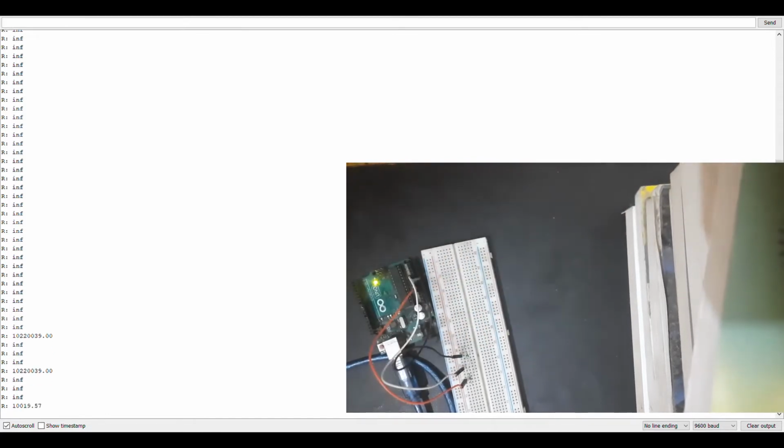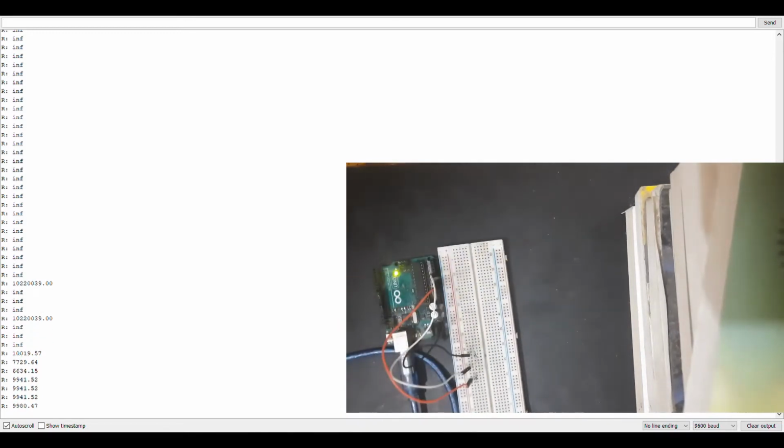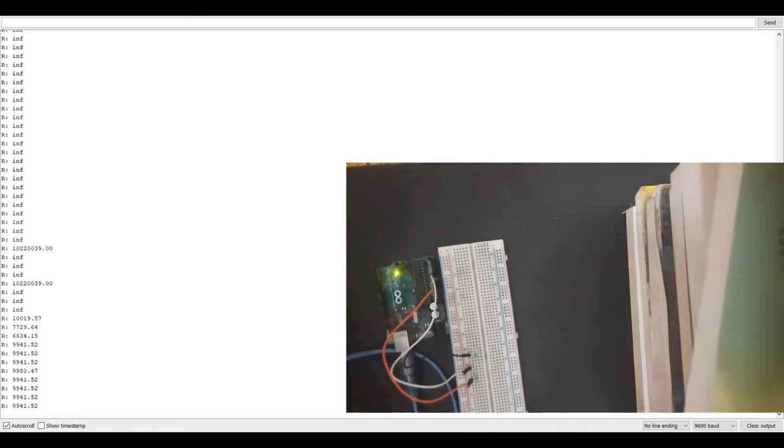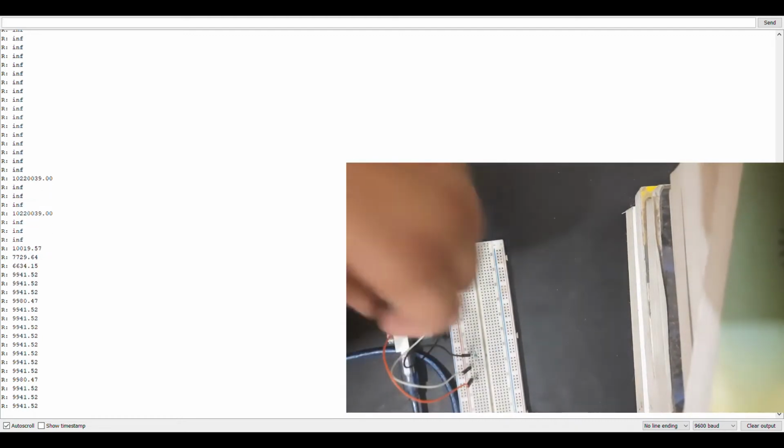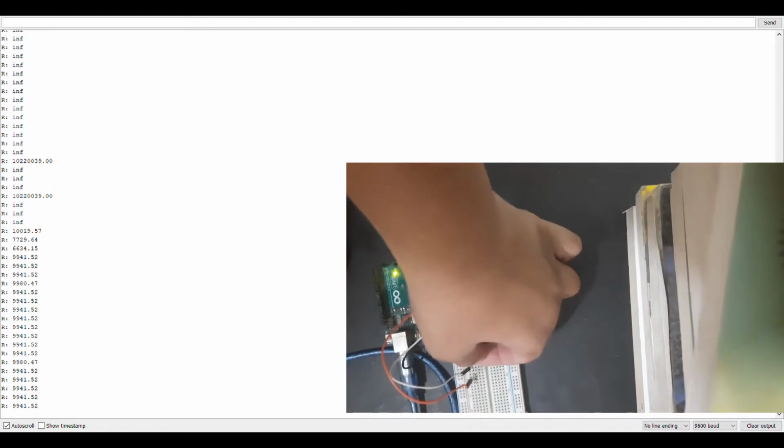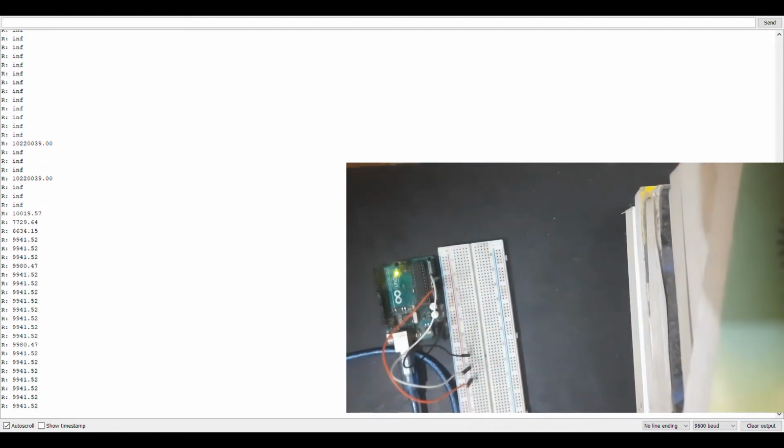Okay, as you can see, the readings are around 10,000. So, which means our ohm meter is totally correct. So, let's now connect a resistor of 220 kilo ohms. So, the readings should be around 220,000.